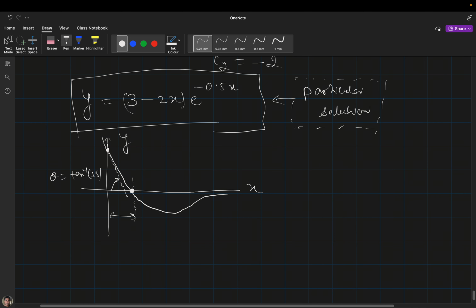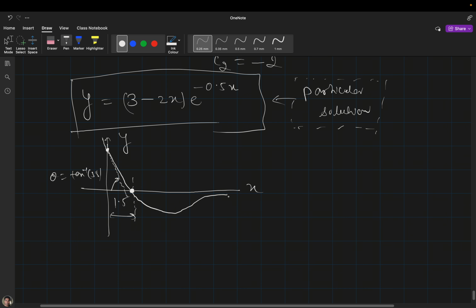At what x is this y 0? This is nothing but 1.5. The graph will not intersect the x-axis, but it will touch it at infinity. When x is very large, y will again approach 0, not exactly 0.